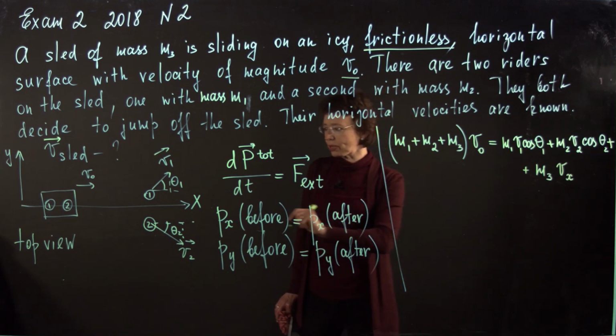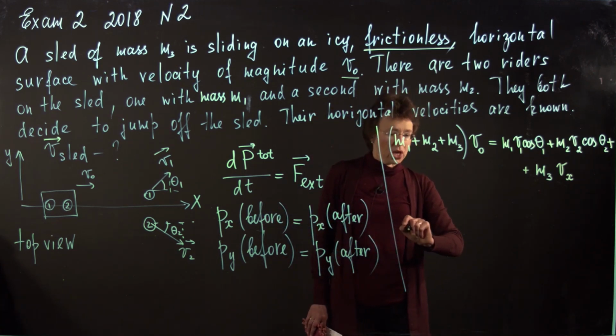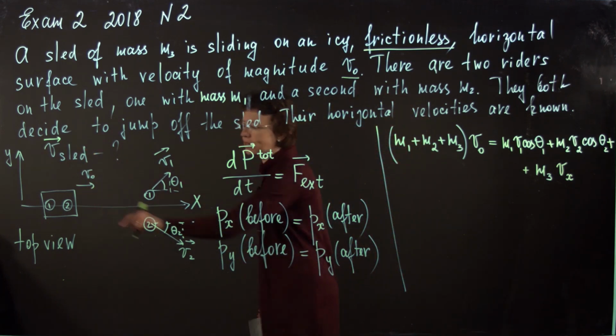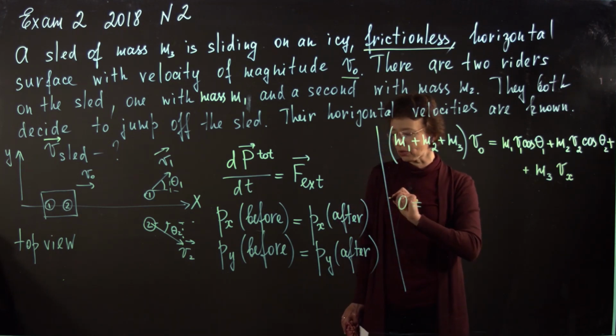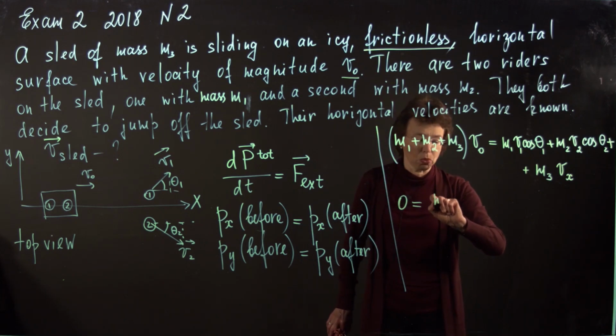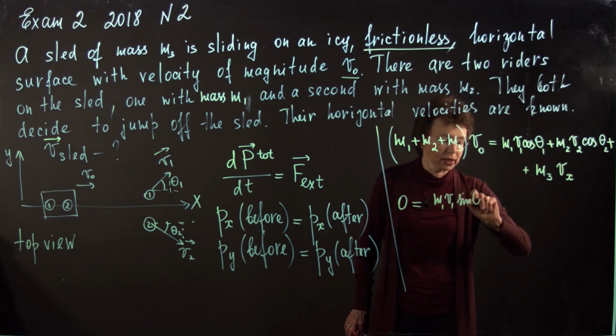Now what do we have in y direction? Py before is 0, nothing in y direction. And py after we have m1 v1 sine theta 1.